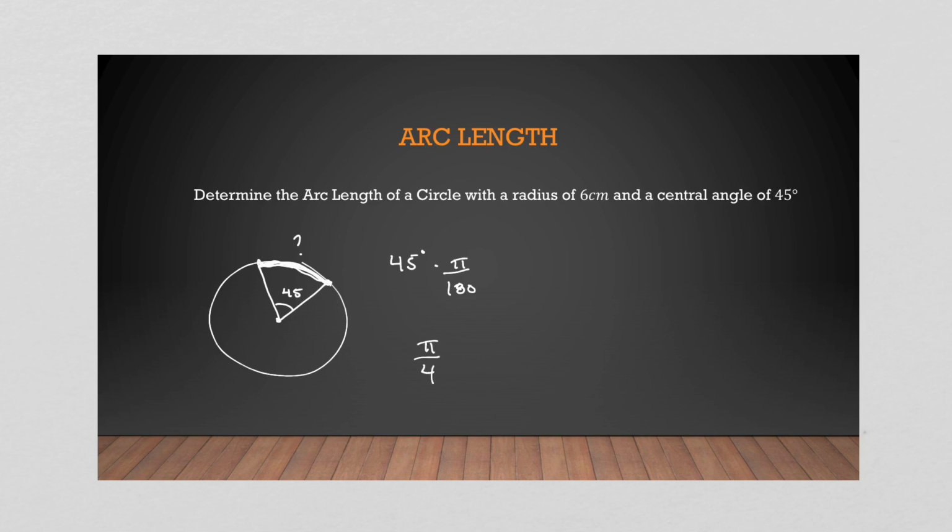So now we have a radian measure for our angle of rotation, and now we can use our equation. We have a radius of 6, so arc length is equal to radius times theta, and we get 6 times pi over 4, which gives us 6 pi over 4, which is 3 pi over 2, which is 4.71 centimeters. So we have rotated 4.71 centimeters. So that is when we use arc length.